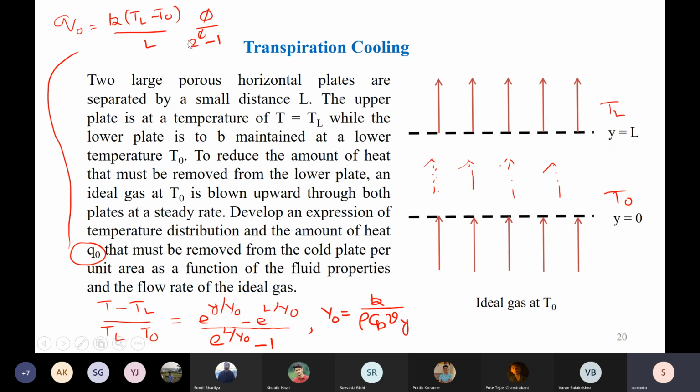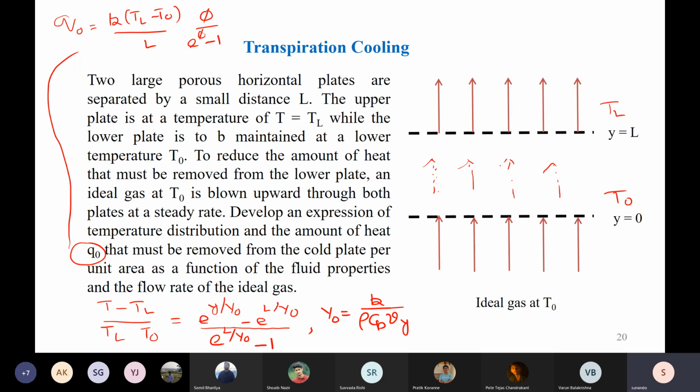The second part of the expression gives you an idea of the effect of transpiration in such a system. So this is e to the power phi minus 1. So this is for you to try.